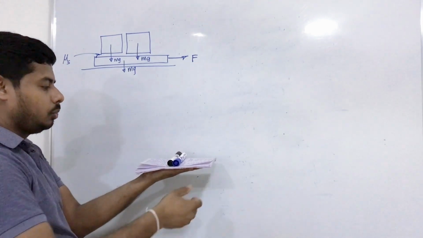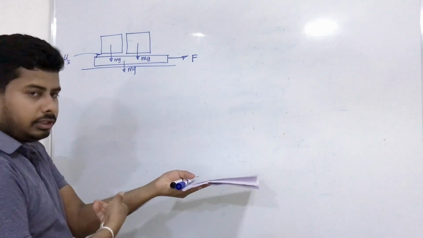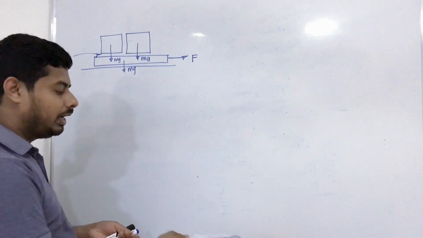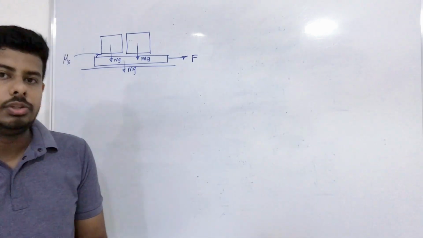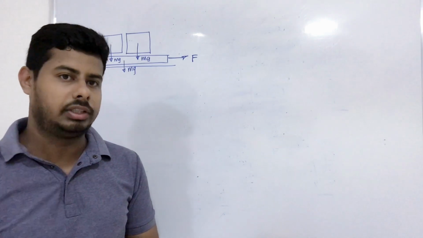Now I am going to pull this one. You see that it just moved in the opposite direction of the applied force. That is because of the inertia. So this question is basically about inertia and how friction works.